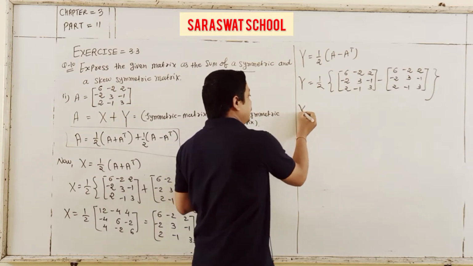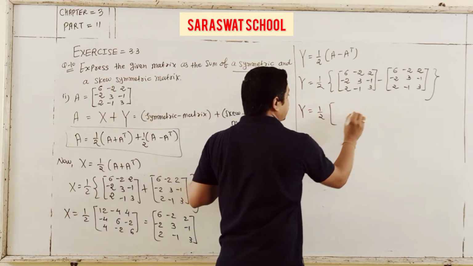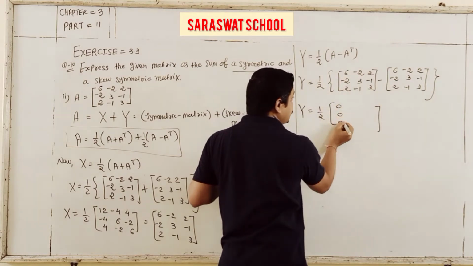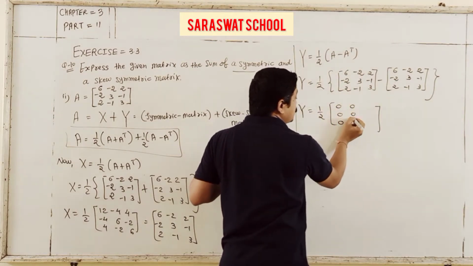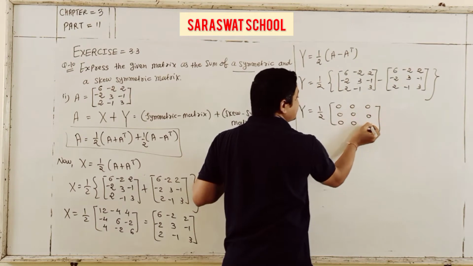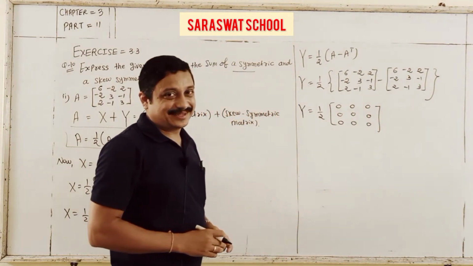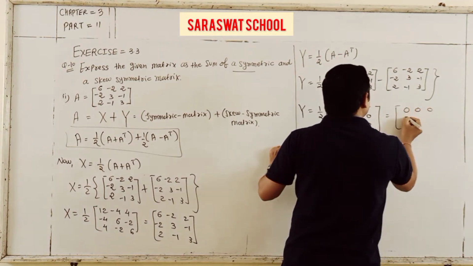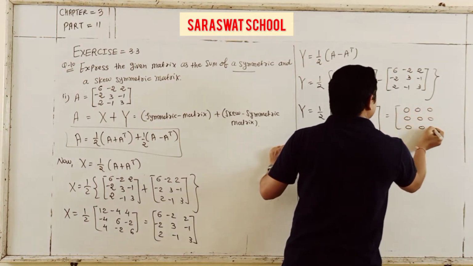So for the Y matrix, you just subtract them: 6 minus 6 is 0, again 0, 0, next 0, 0, 0, and last also, students, 0, 0, 0, and divide by 2. All elements are 0, that's why it is a zero matrix.